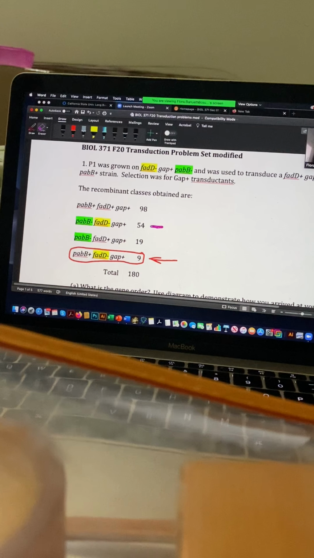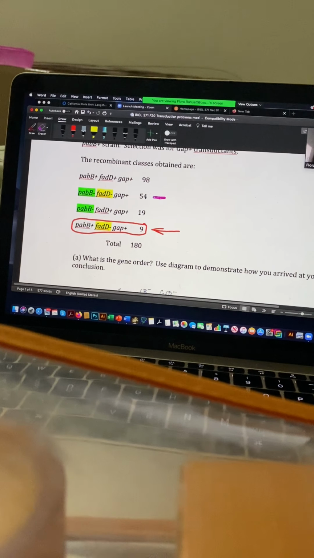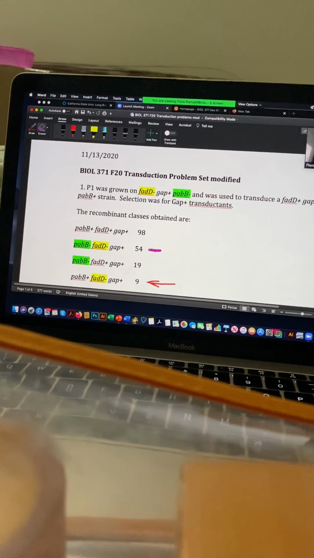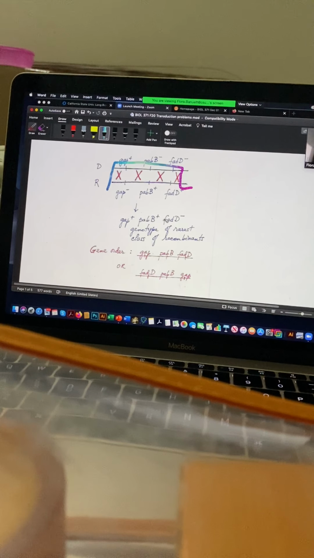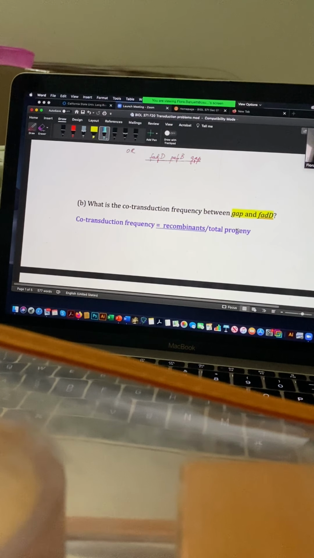Okay, so if we add these numbers, the total number of progeny is 180, okay? And if we add 54 and 9, let me go here. First of all, the co-transduction frequency is the number of recombinants divided by the total progeny.